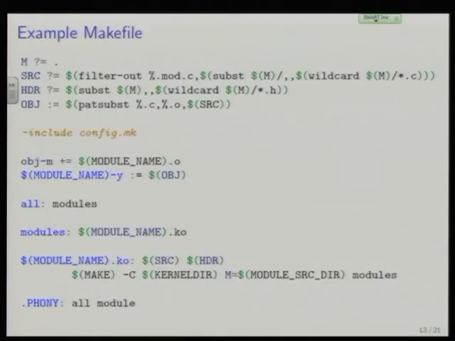Yep. So this is an example of a Makefile. One particularly interesting thing here is that this Makefile is usually read twice. For example, usually you have a Makefile for actually calling some targets, like the default target all or modules, this kind of stuff.